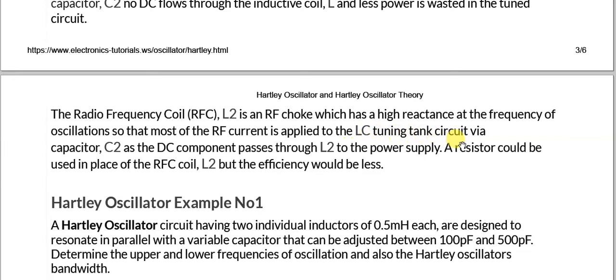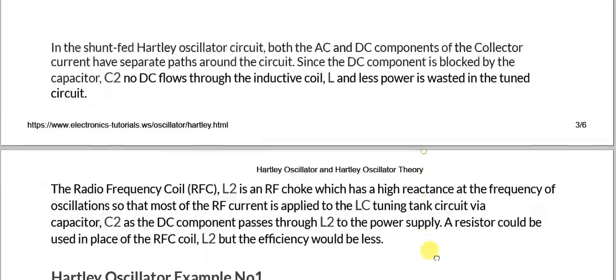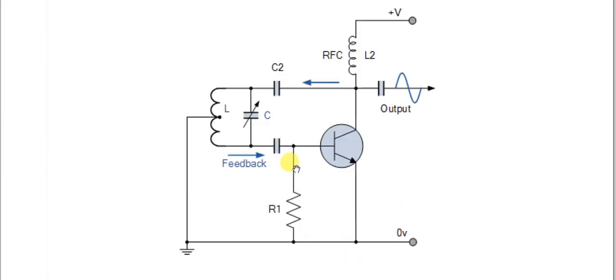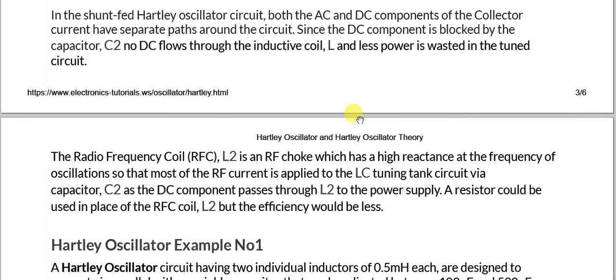A resistor could be used in place of the RFC coil L2, but the efficiency would be less in the case of the resistor.